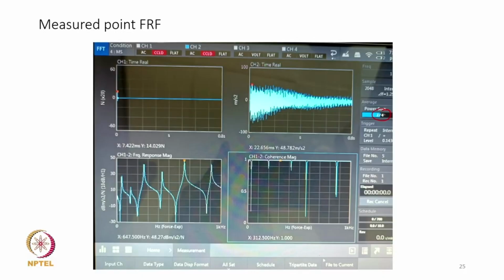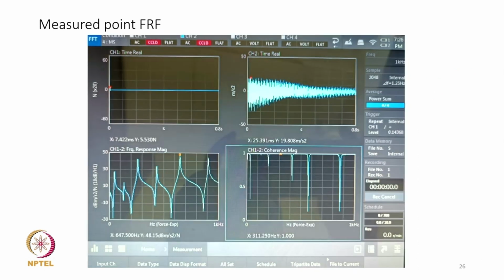So now we go to the next measurement. You can see this is the estimate of the FRF and coherence function when 2 measurements have been taken, and now we see that the coherence function no longer is unity everywhere, right. In this way we take the third and the fourth measurement, and this is what we get at the end of 4 measurements.